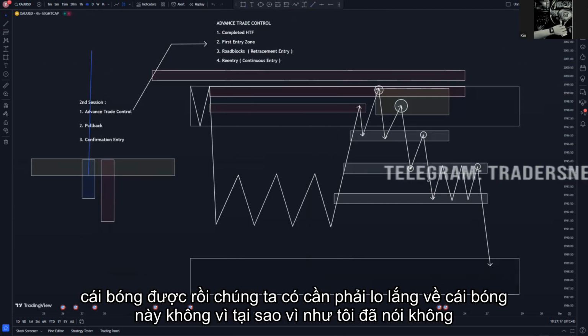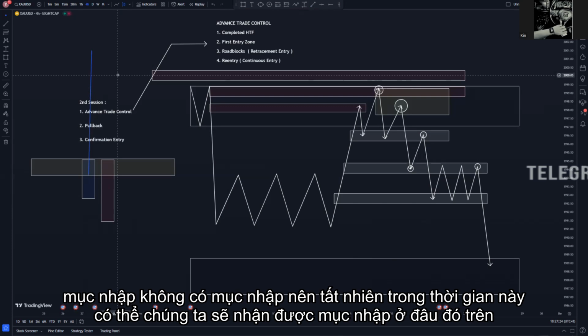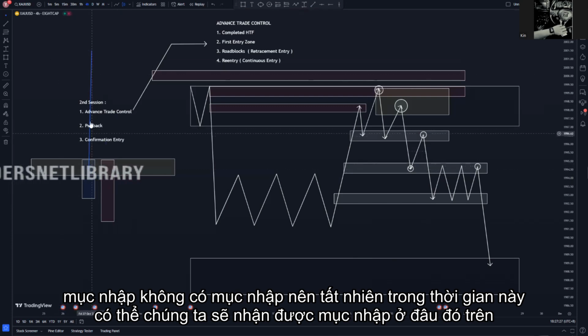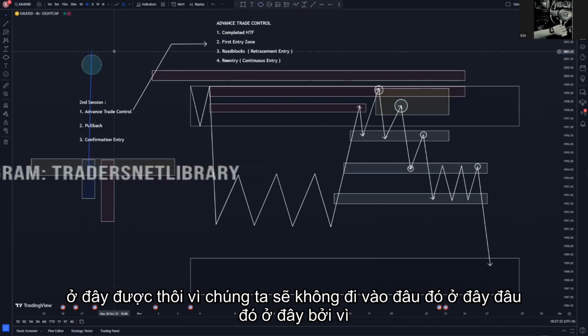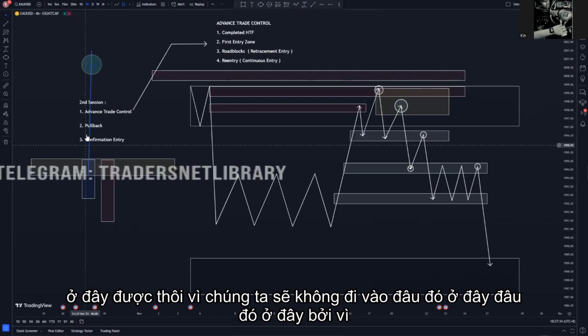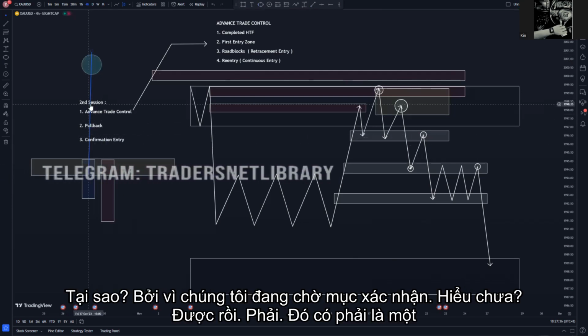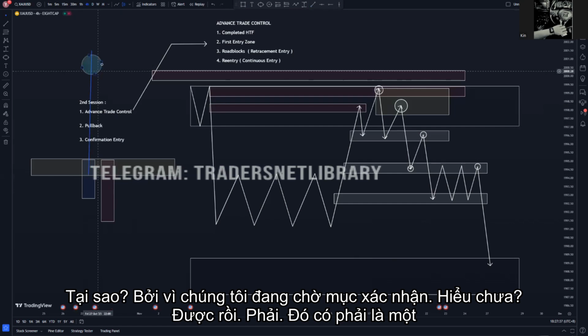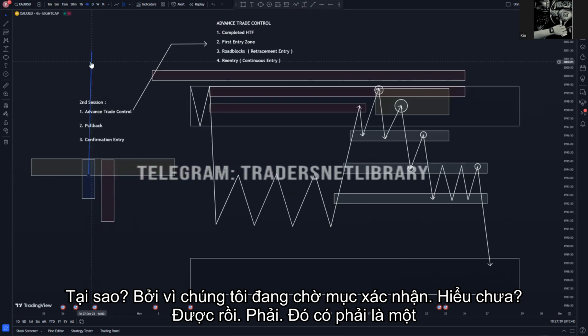Not at all. Because like I said, no CE, no entry. During this, maybe we're going to get the entry somewhere on here, but we're not going to enter somewhere on here, because we are waiting for the confirmation entry. Get it? All right.